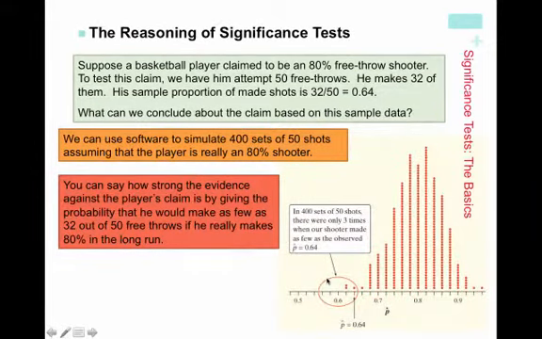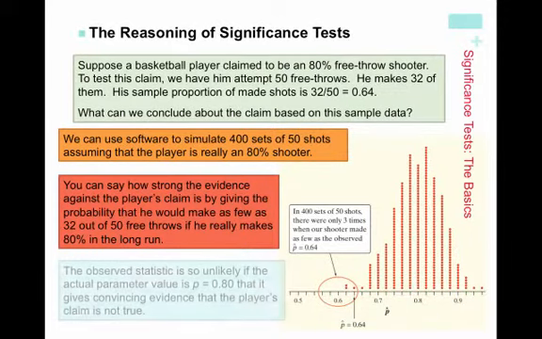And we could do this over and over again, and we'll get a distribution that looks pretty much the same every single time. And what we're looking at is, in the long run, how much evidence is there that he's shooting 80%?